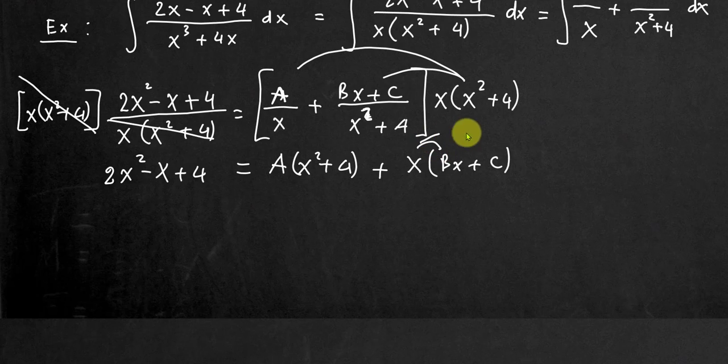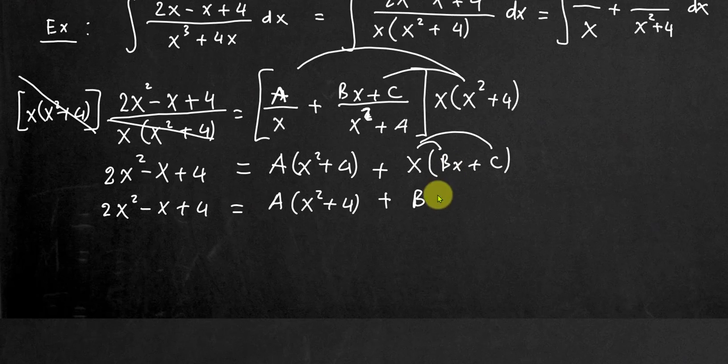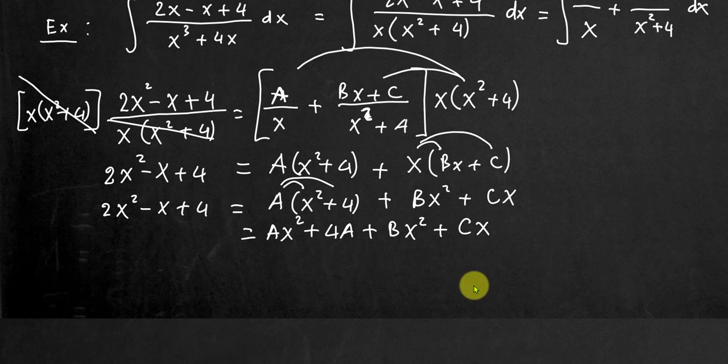Now I can simplify this one more. Then I get 2x squared minus x plus 4 equals A(x squared plus 4) plus Bx squared plus Cx. We can simplify this further: I have Ax squared plus 4A plus Bx squared plus Cx.